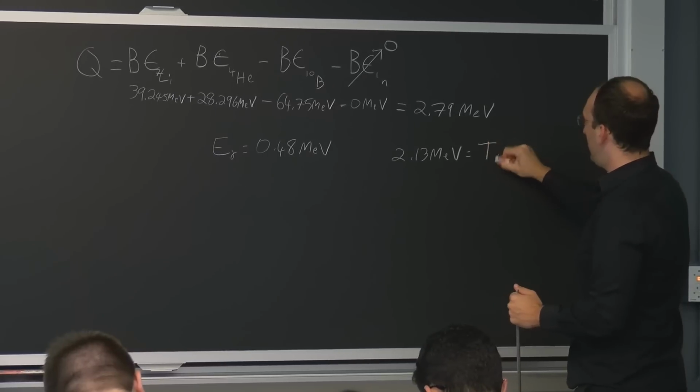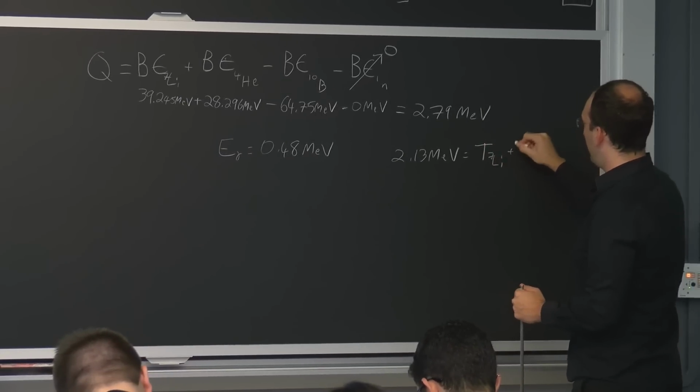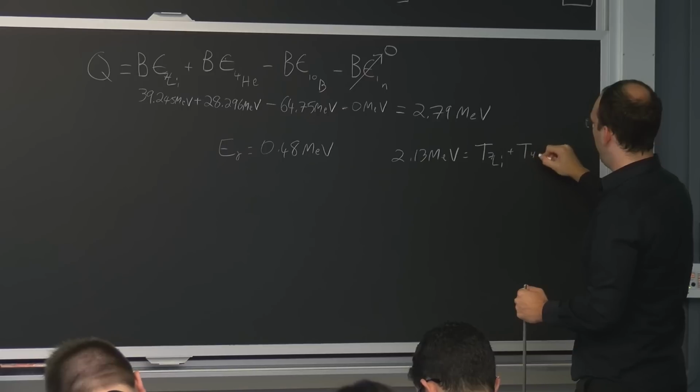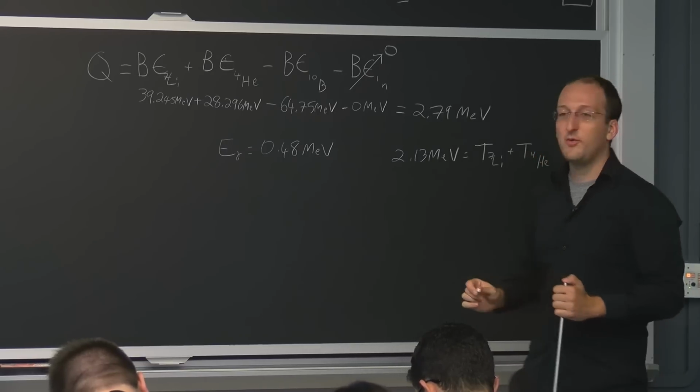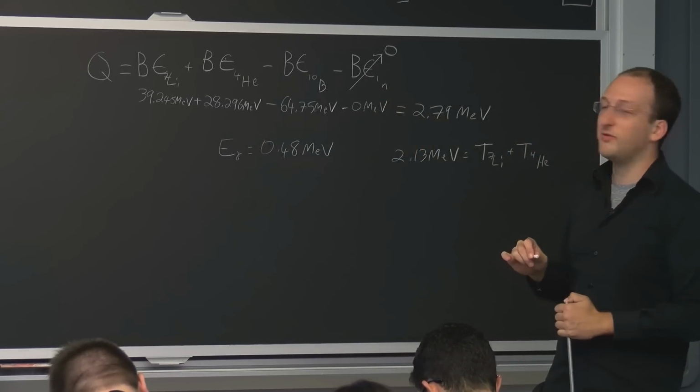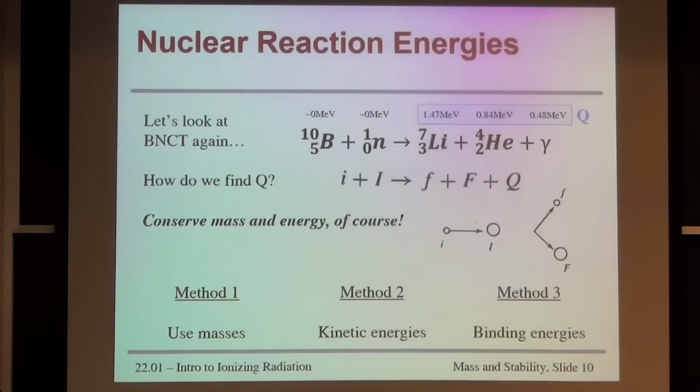So let's say T Li-7 plus T for helium. Now the question is, how did I get to those numbers for the split between the kinetic energies of those two? Anyone have any idea?